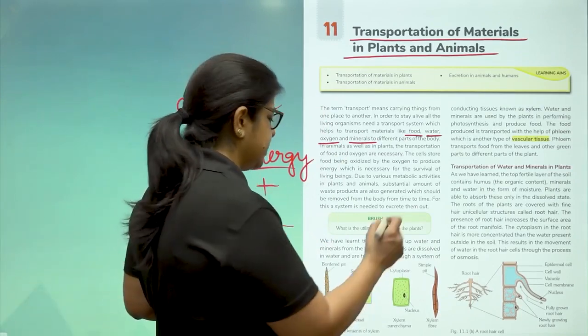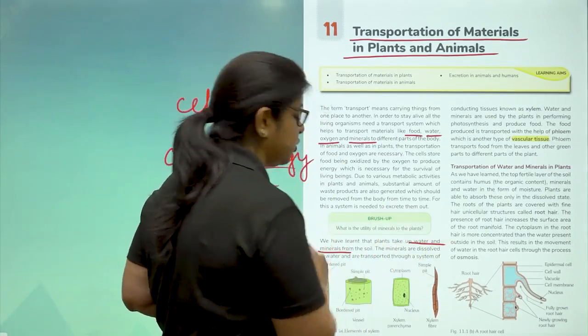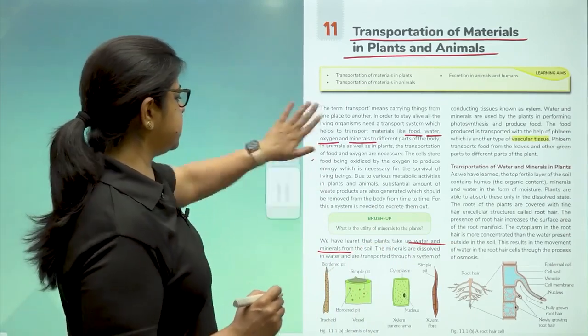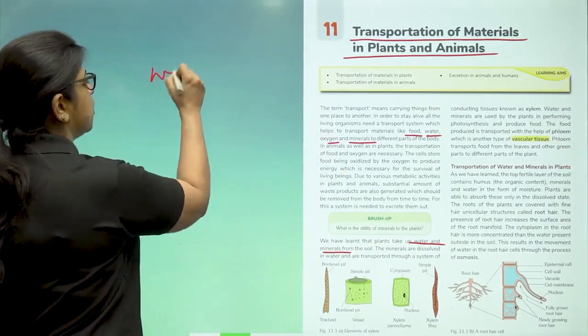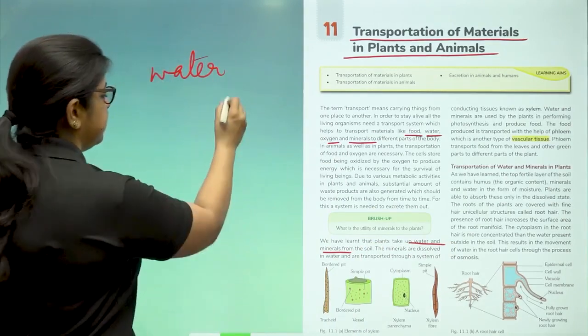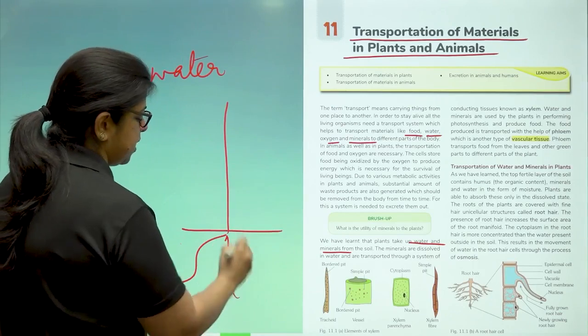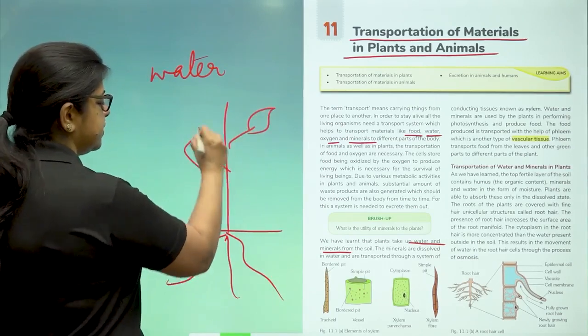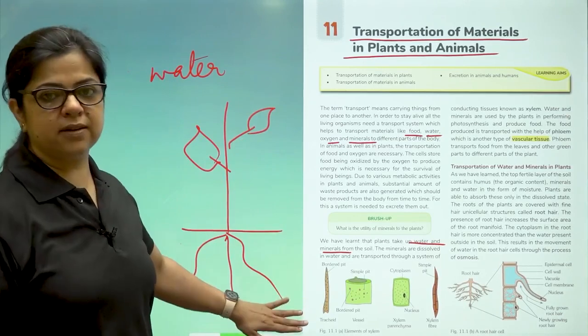What do we understand? So plants, basically we know that for the process of photosynthesis, plants need water. Now where does this water come from? We know that the basic structure of the plant contains a shoot which has the leaves and a root system which is under the ground.